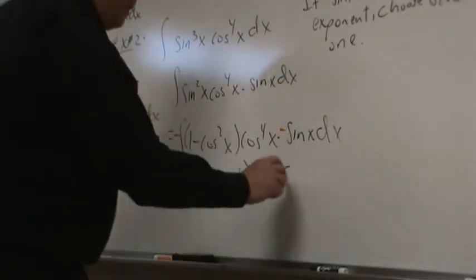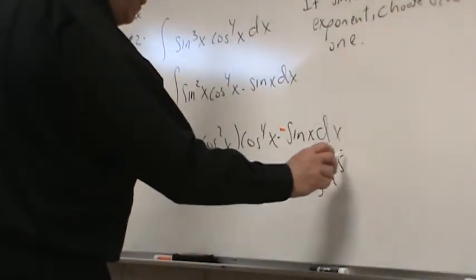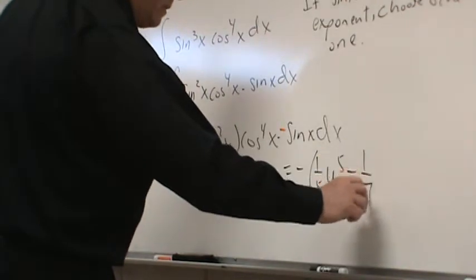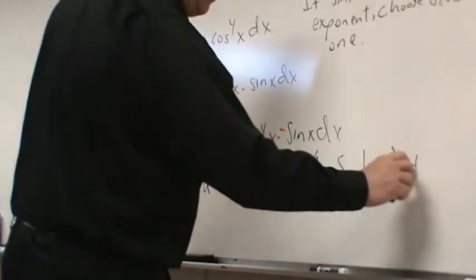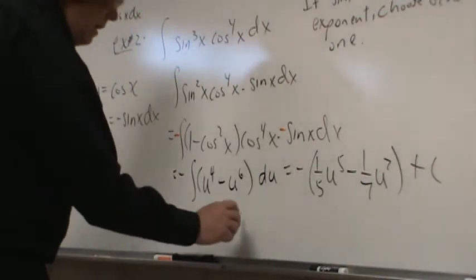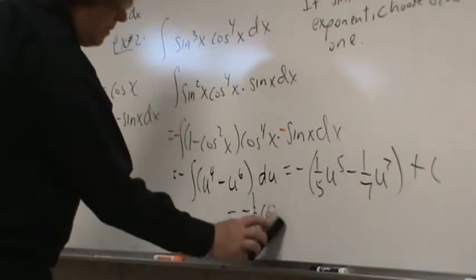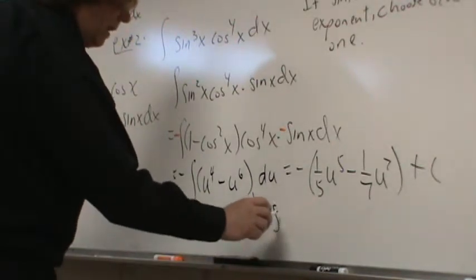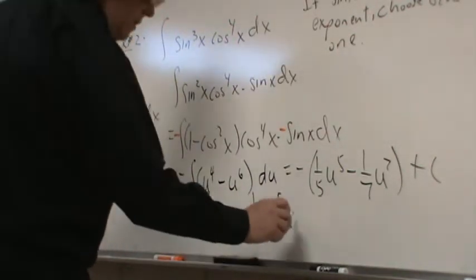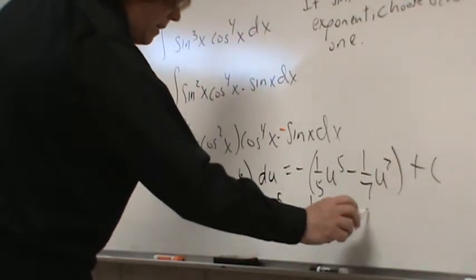And so this ends up being negative 1/5 u to the fifth minus 1/7 u to the seventh plus c. And then this becomes negative 1/5 cosine to the fifth of x plus 1/7 cosine to the seventh of x plus c.